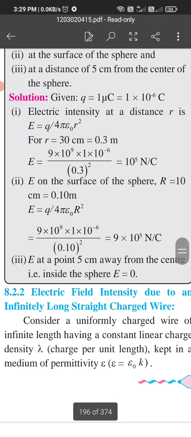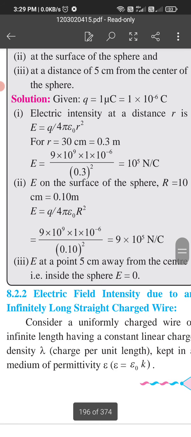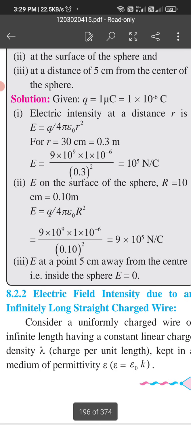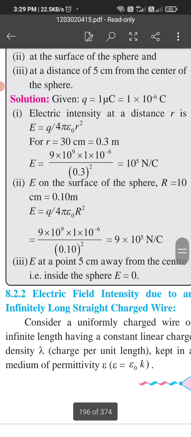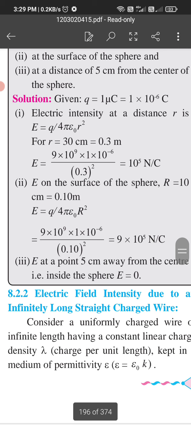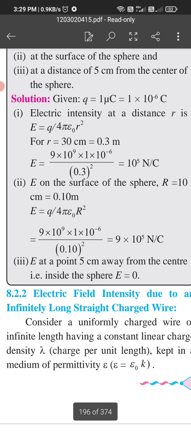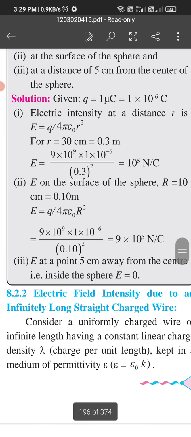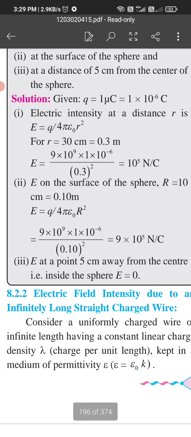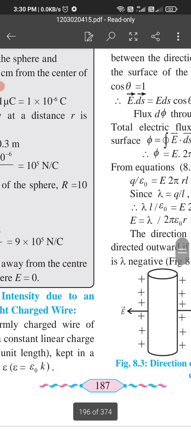Then electric field intensity due to an indefinitely long straight charge wire. Consider a uniform charge wire of infinite length having a constant linear charge density, that is lambda, kept in a medium of permittivity epsilon, and epsilon is equal to epsilon naught k.